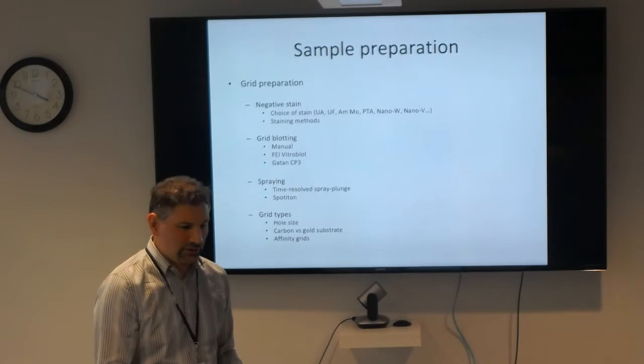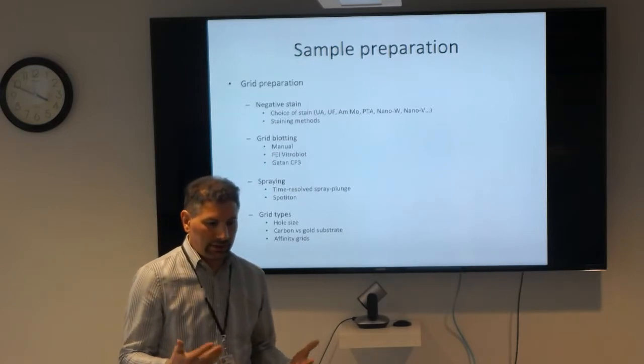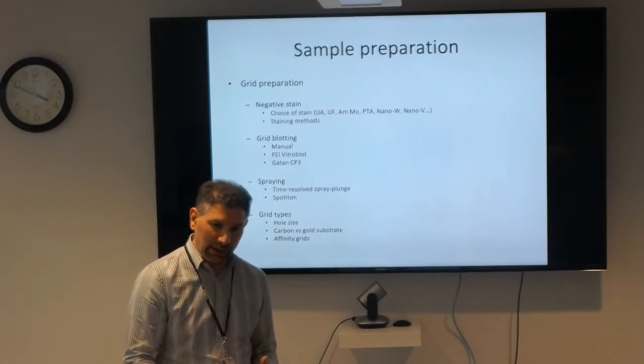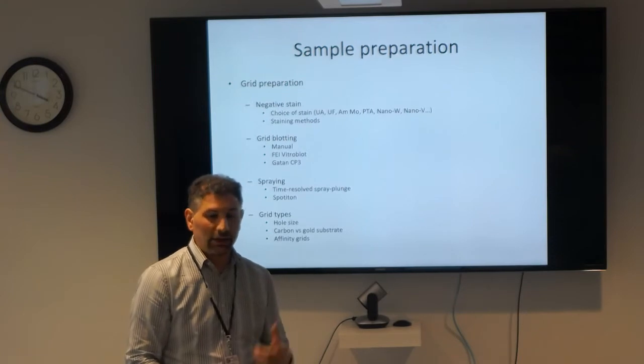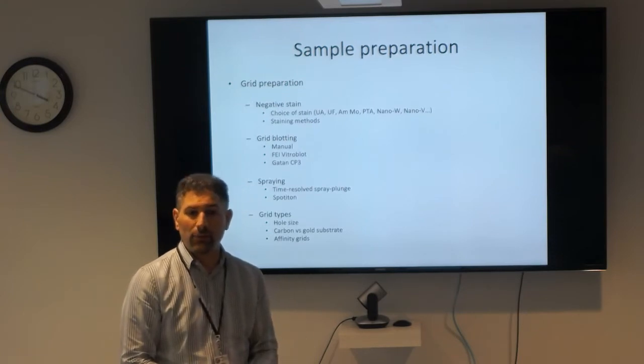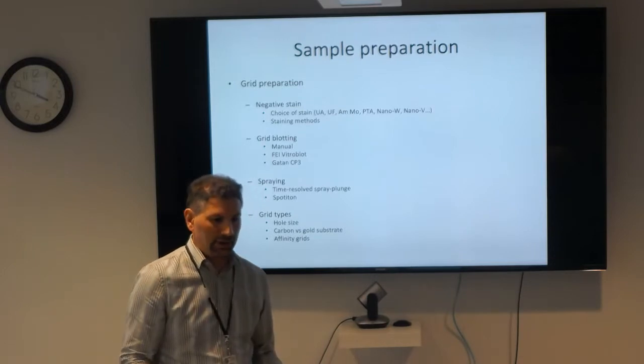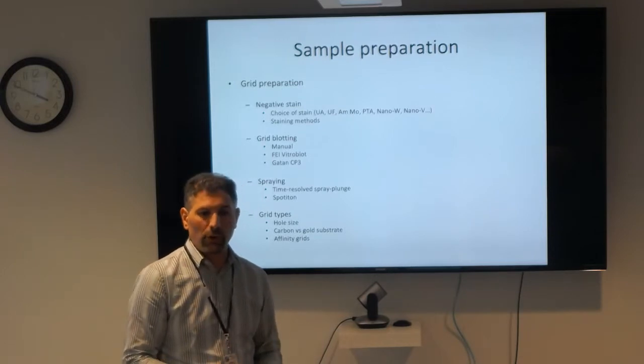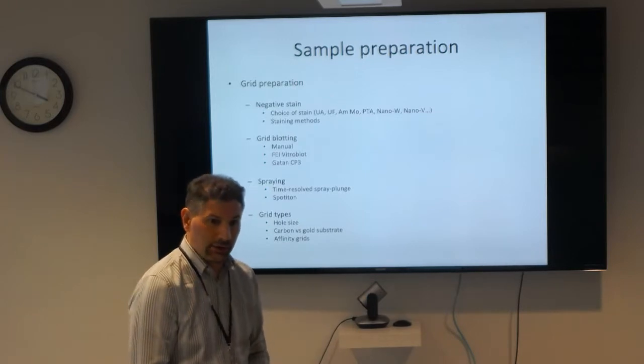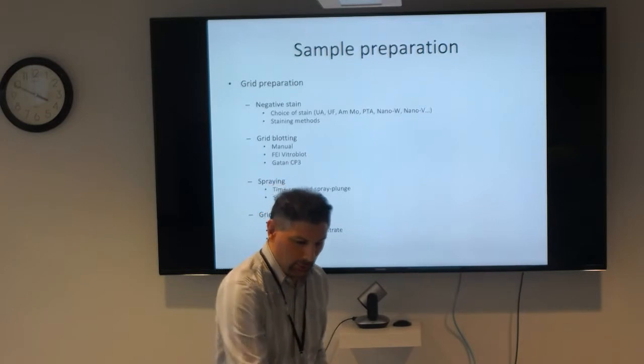Okay, so there are many different ways of increasing the count of particles on a grid, and many different types of grids you can use. And the grid I was thinking of was Lacey, L-A-C-E-Y. In certain projects, I know that Lacey grids will work, whereas Quantifoil, C-flats, and other types of grids don't work. So that should also be in your toolbox.